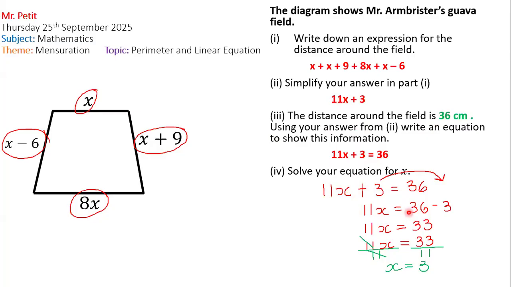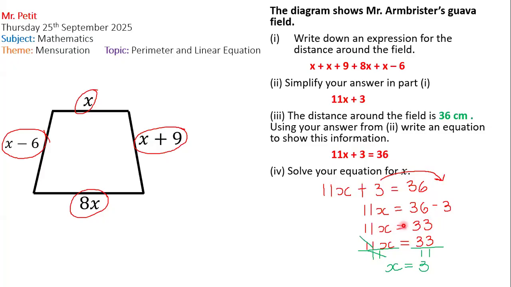So basically, all we did. Go ahead, Tyler, you can use the bathroom. So we have 11x plus 3, Dorcia. We send the 3 over the equal sign. When we send the 3 over the equal sign, it was positive 3. Now it becomes what? Negative 3. So we have 36 minus 3, which gives us what? 33. Very good.